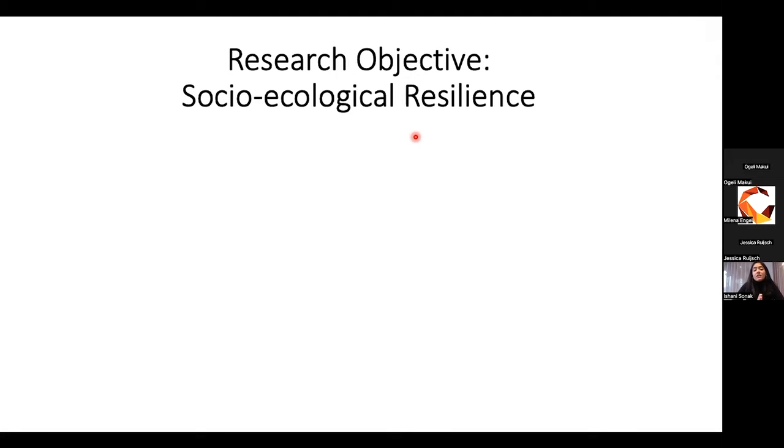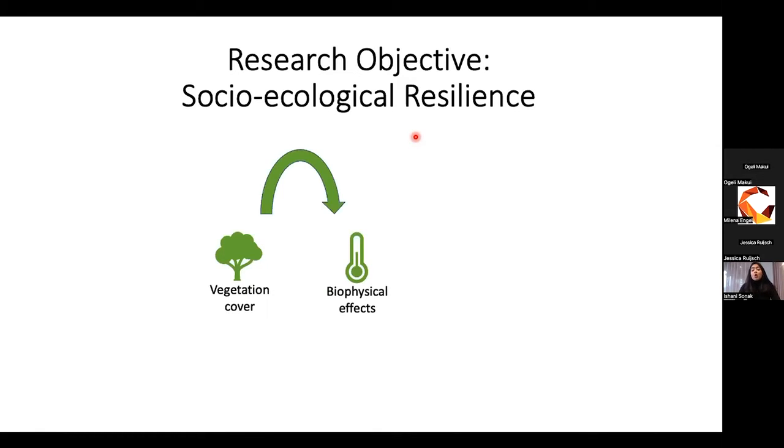So we wanted to understand the actual impacts: how much vegetation cover increased because of restoration efforts, what impact this had on the local climate, so land surface temperature, as Jessica mentioned, and how the two processes impacted the lives of the local community.